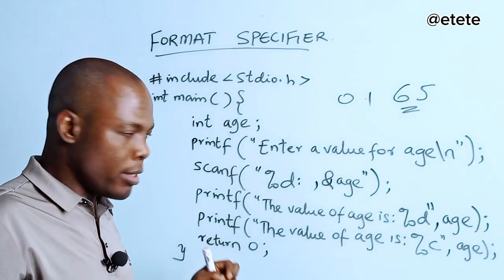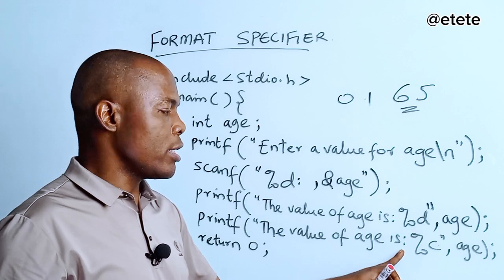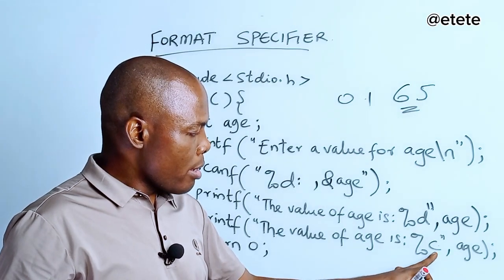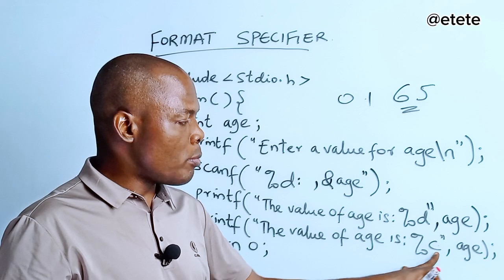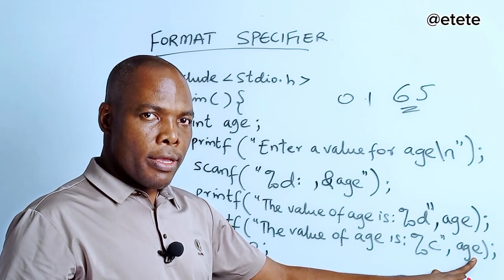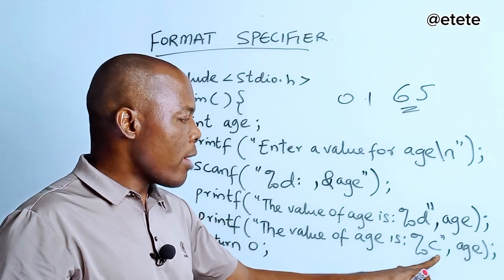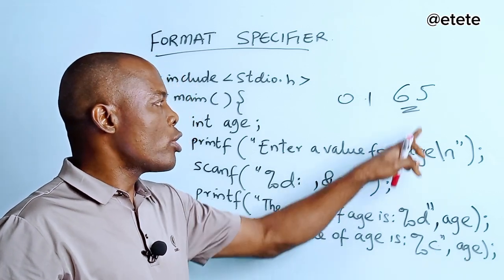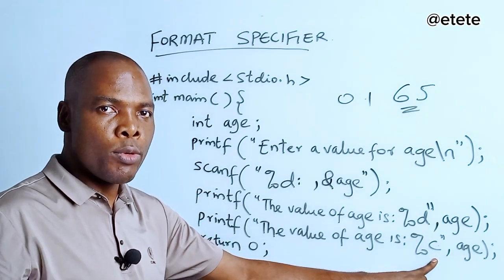Now, you tell me, the value of this one will print out the value of age is. But it's telling me to go to the character rem, right, to print out this one. So what will be the output? Now, this one is going to print out this 65 in the ASCII form, in the character mode.